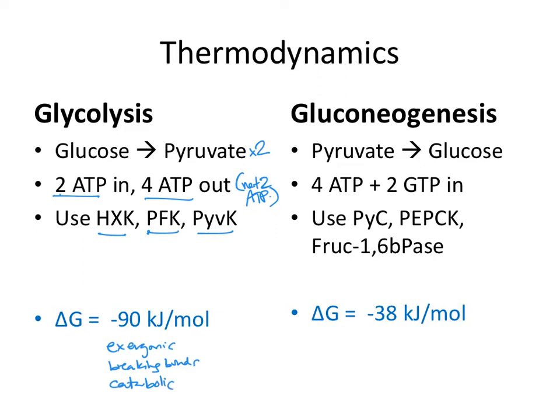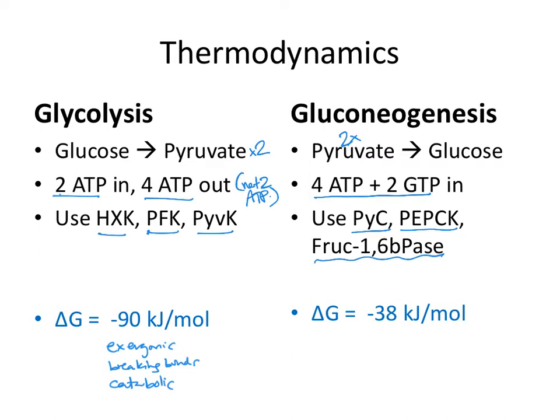In contrast, gluconeogenesis starts from 2 pyruvate molecules to build a 6-carbon glucose molecule. We're investing a lot of energy, 4 ATPs and 2 GTPs. And rather than using these irreversible glycolysis enzymes, we're going to use pyruvate carboxylase, PEP carboxykinase, and fructose 1,6-bisphosphatase.